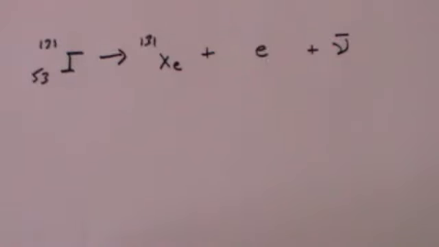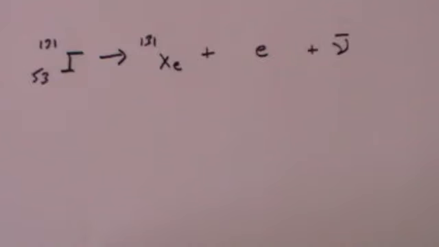Question 13, part 1. Here is a formula for the decay of iodine into xenon, plus an electron, plus an antineutrino. It isn't complete. We're asked to complete the numbers that should be associated with each of these particles or atoms.